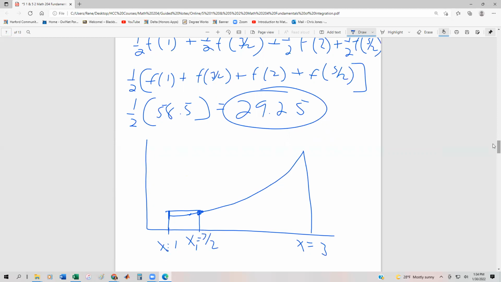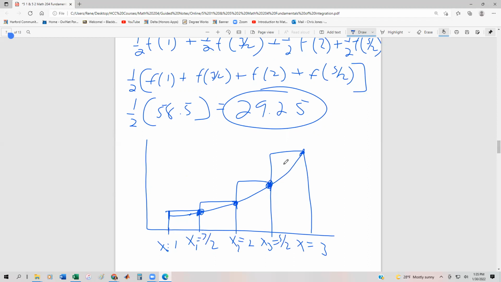This was 3/2. And then here's another right endpoint. Okay, so this was x equal 2. All right, here's another right endpoint. So you can clearly see these are endpoints. And then this is our last endpoint right here, and if I call this x2, x3 was 5/2.